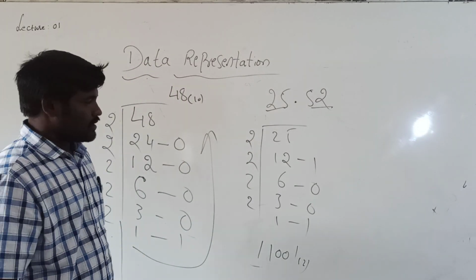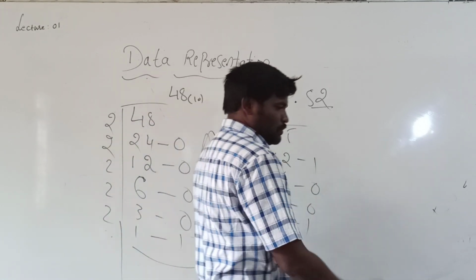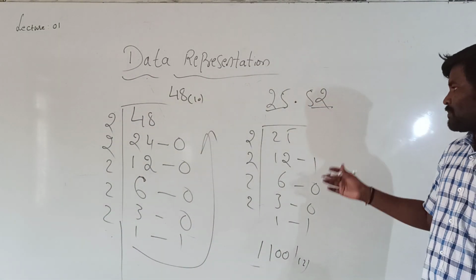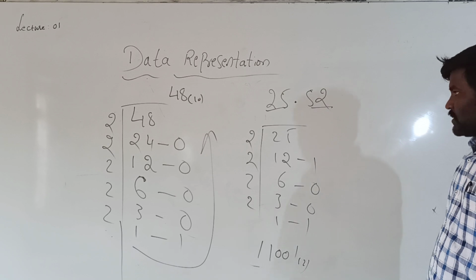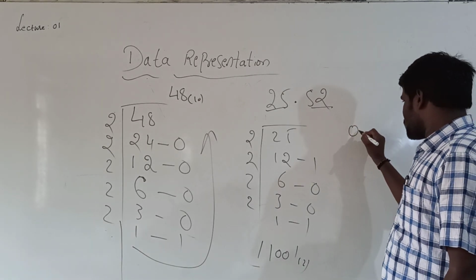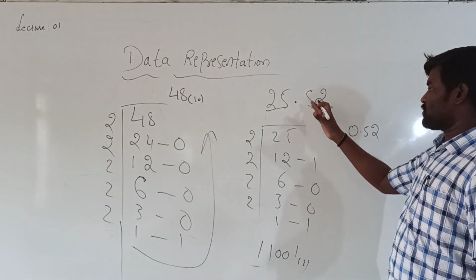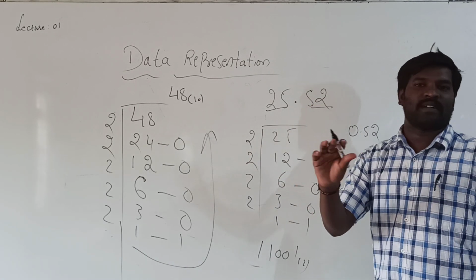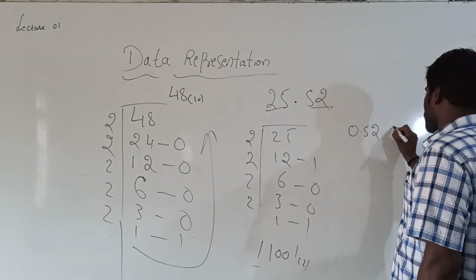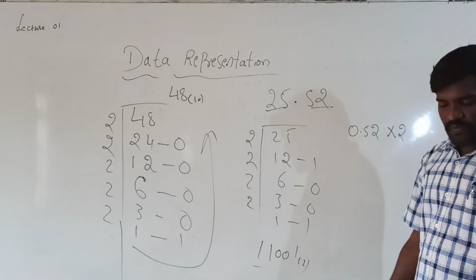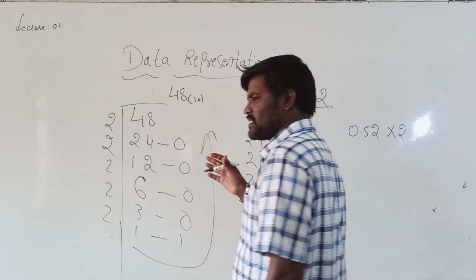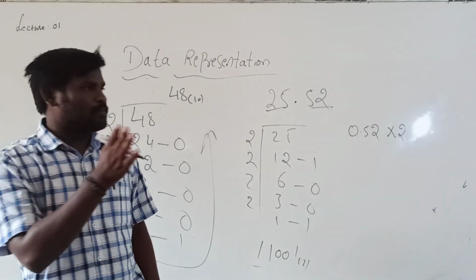Next, the fractional part can be converted differently. 0.52 cannot be solved like 52 divided by 2. Always remember the fractional part can be multiplied with 2.